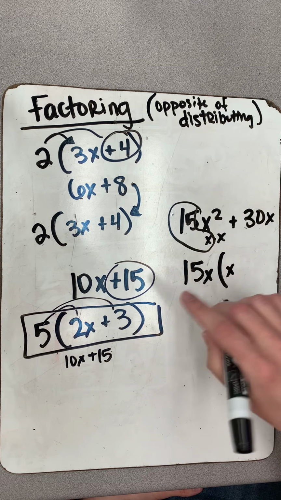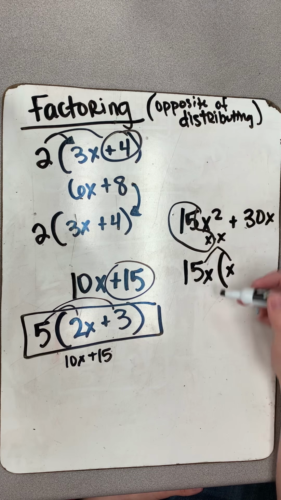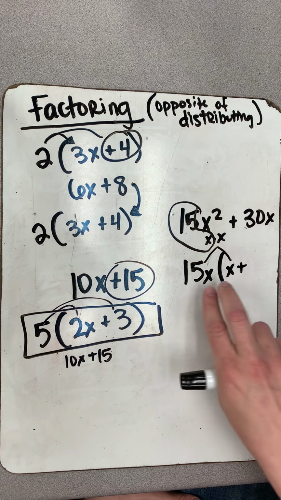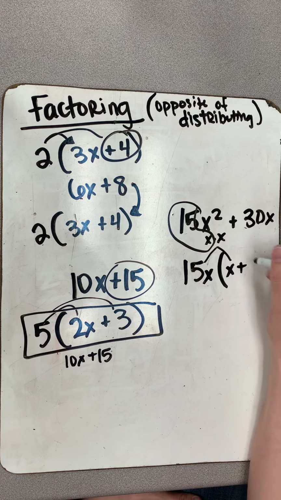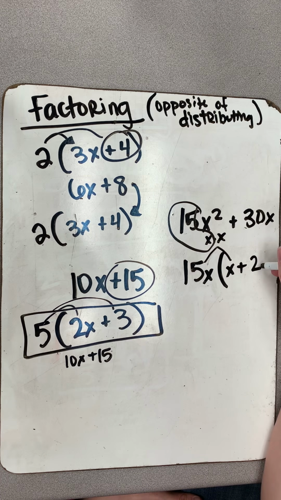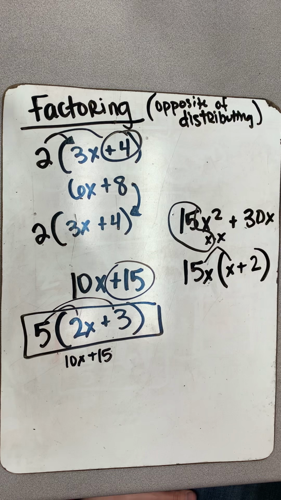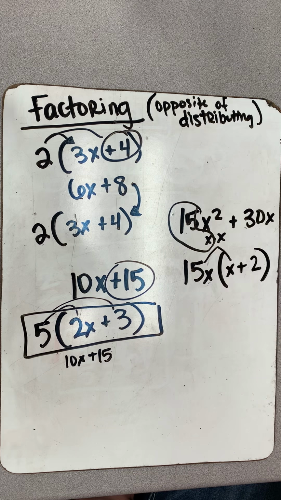One way to check it is we can say, okay, 15x times x will give us that 15x squared again, right? And then we say, okay, 15x times what is going to give us 30x? Well, we know it's going to be 2. I don't have an x here because I've factored that x out here. So after I've factored out my 15x, I can check it by distributing it back through.